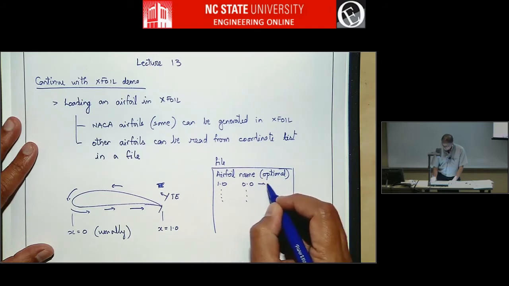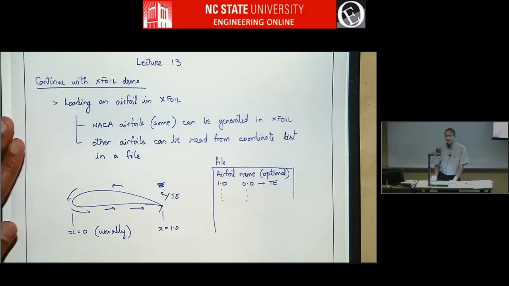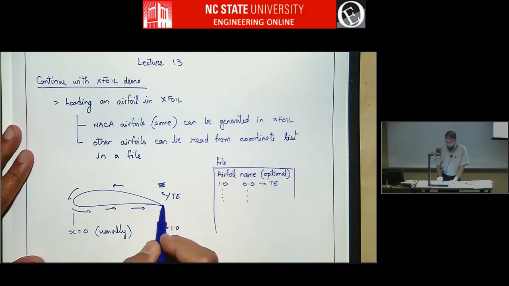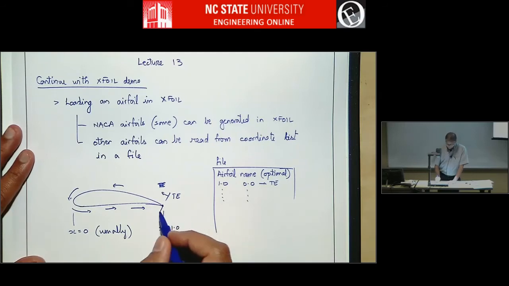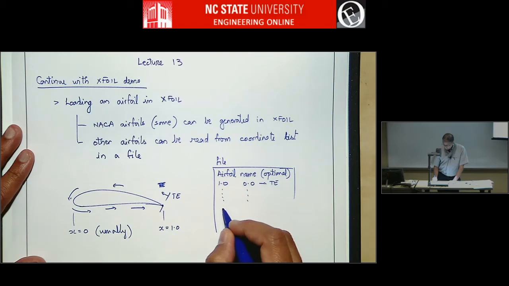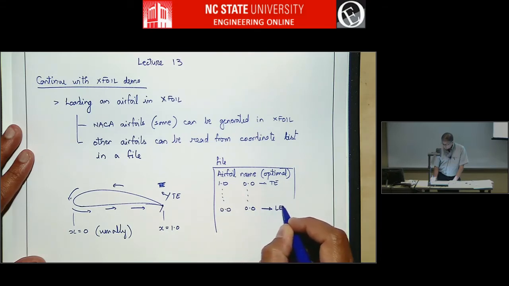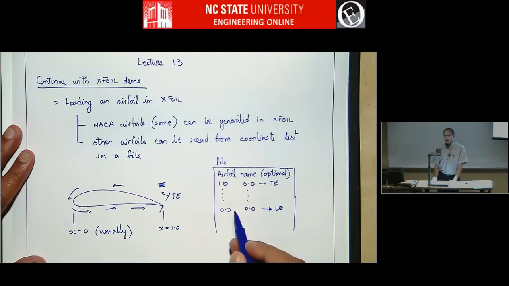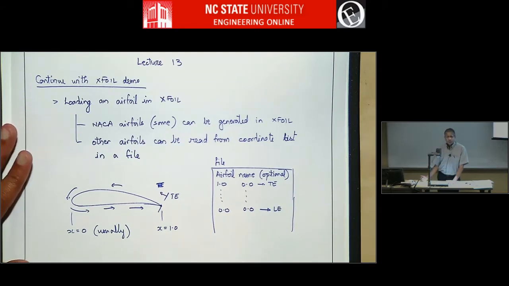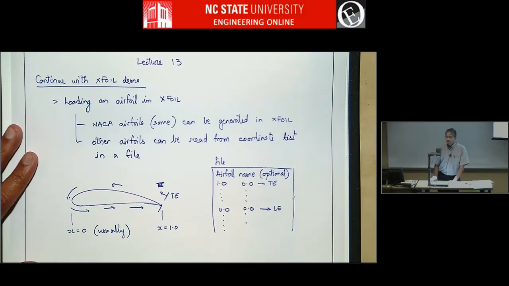So you start with the trailing edge on the top surface, like this point is the trailing edge, and you go along the upper surface, and then go along like this and come to the leading edge. As we'll see shortly, you don't have to have a 0, 0, but for at least this page I'm going to say here's the leading edge, and then you go back to the trailing edge.